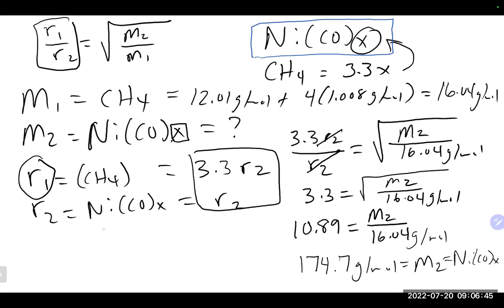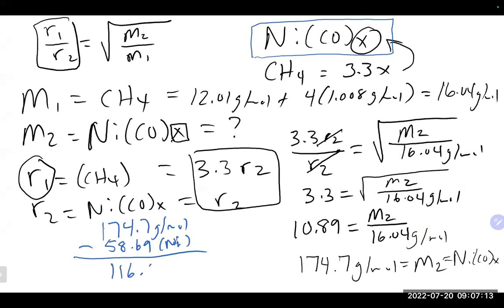So we know that if we take the molar mass of what we just found and subtract off the molar mass of nickel, which is 58.69, that is 174.7 minus 58.69, which gives us about 116.01 grams per mole.